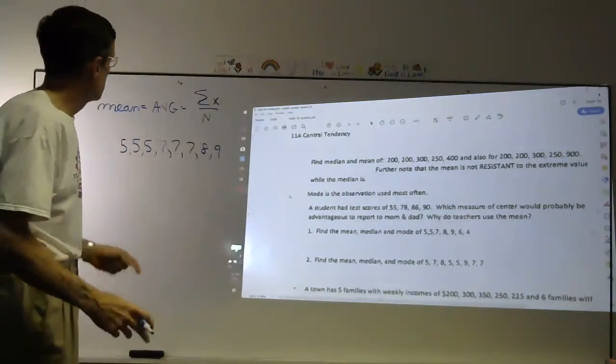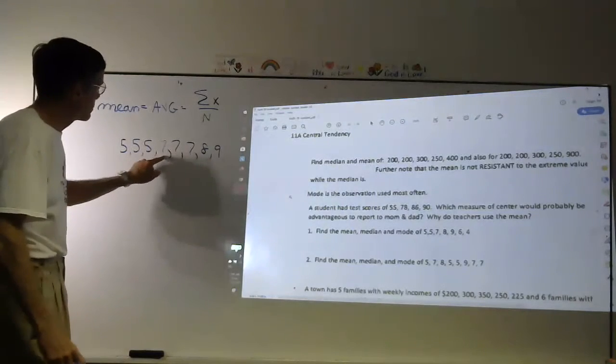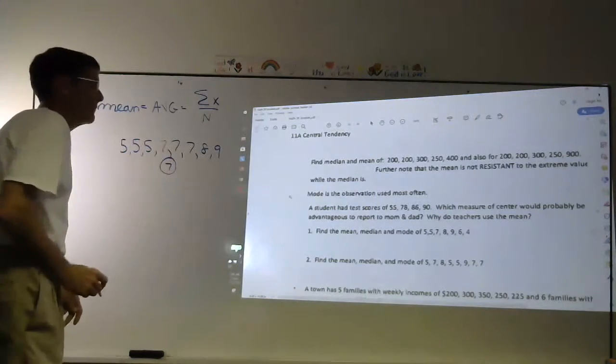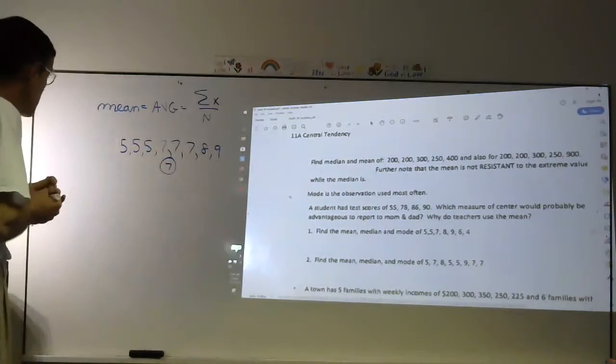Okay, let's find the median. Come up 4, come down 4. It's right in the middle between the two 7s, which is 7. So 7 is the median. All right, how about the mean?